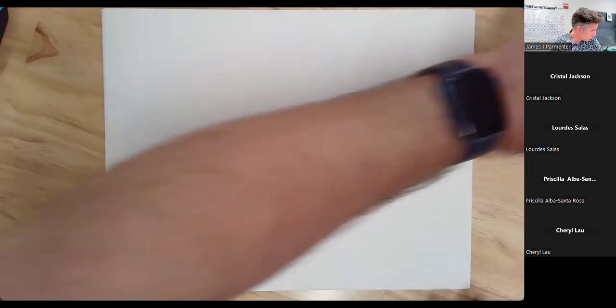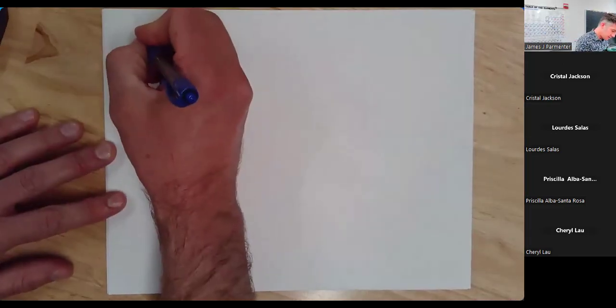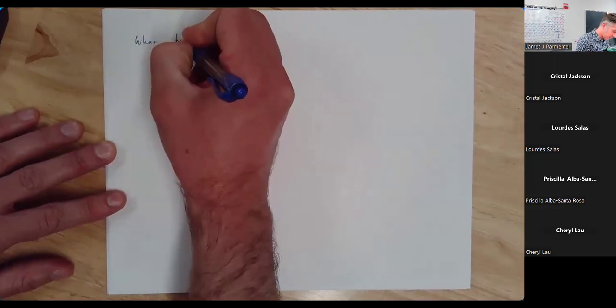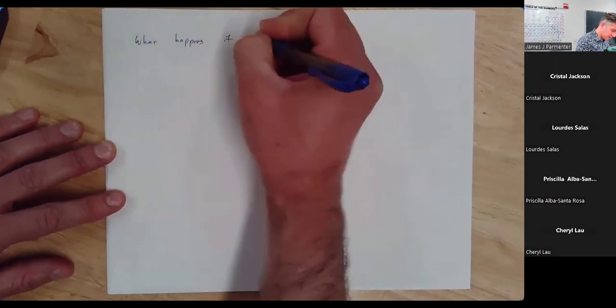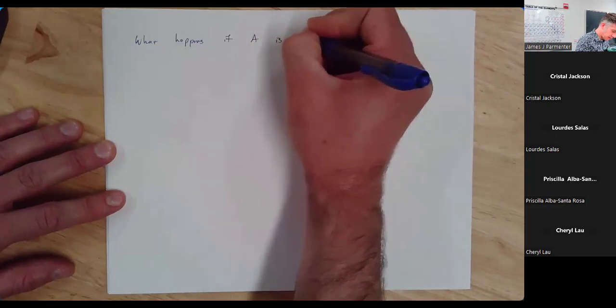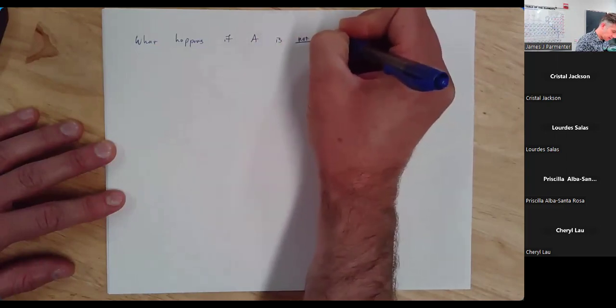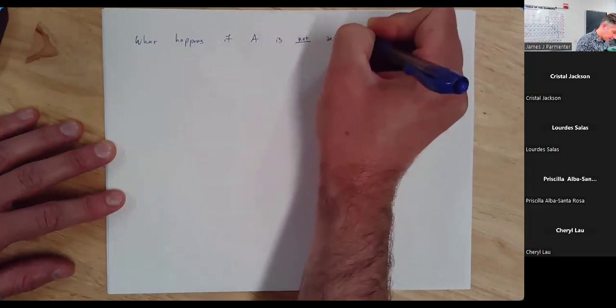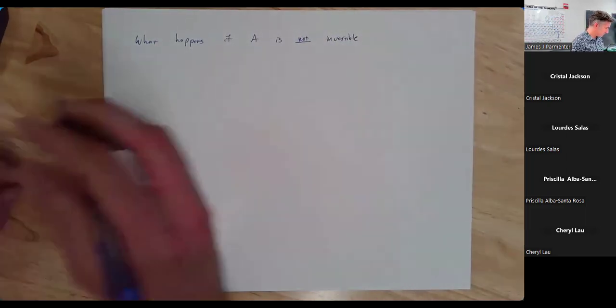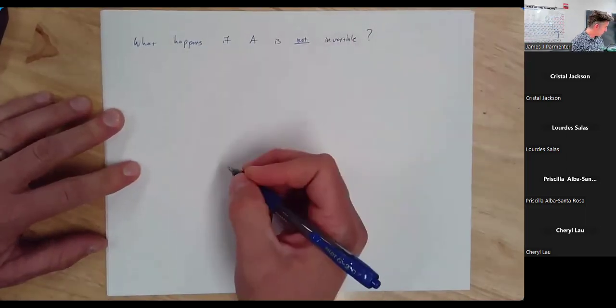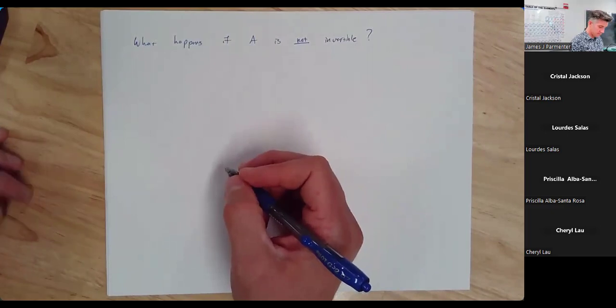So what happens if the matrix A is not invertible? And we can't just multiply both sides by the inverse. Well, two things can happen.